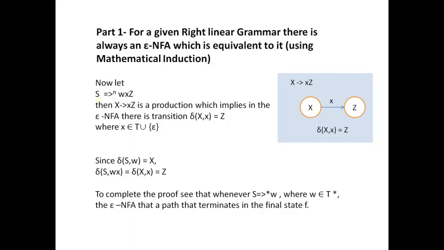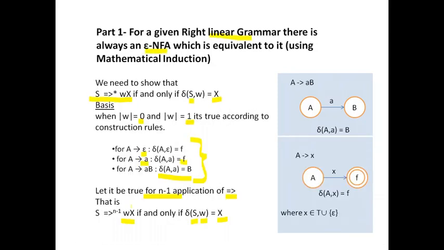So now let n application of derivation steps starting with the start symbol give us a sentential form of the form Wxz. Okay. So when you applied n minus 1 times, you got a sentential form Wx.